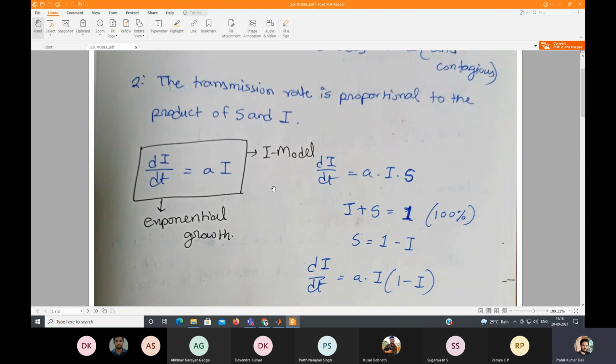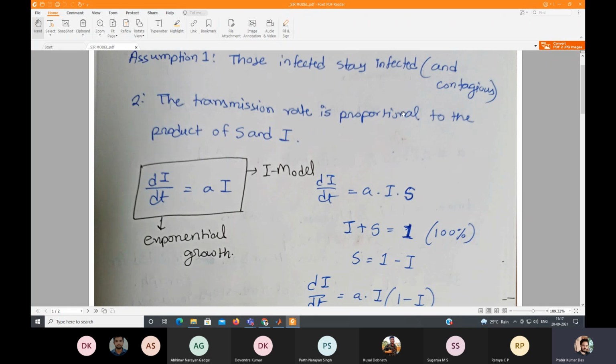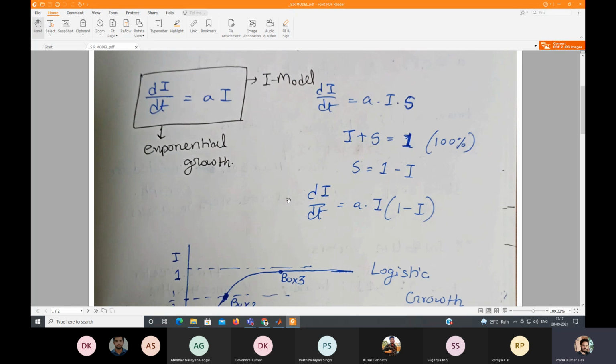But if we think at a deeper level and consider S also, considering here that nobody recovers, so only S and I, then dI/dt will be proportional to the product of I and S. A is the proportionality constant, and I plus S equals 1. We assume 1 is the total population, so here we calculate the proportion, not the exact number.